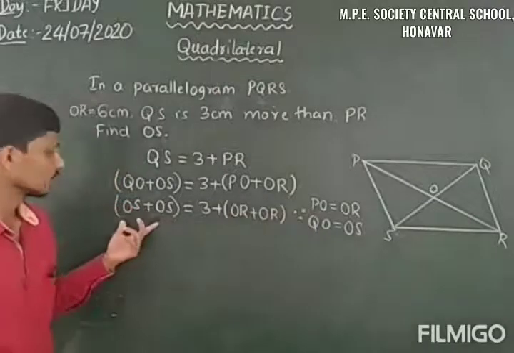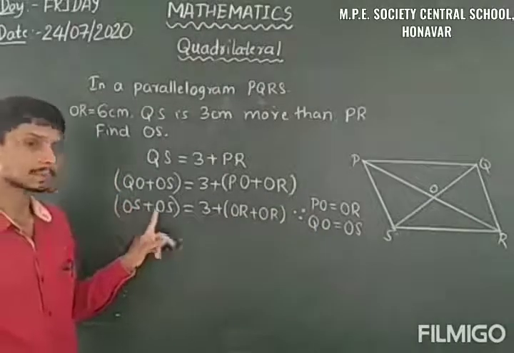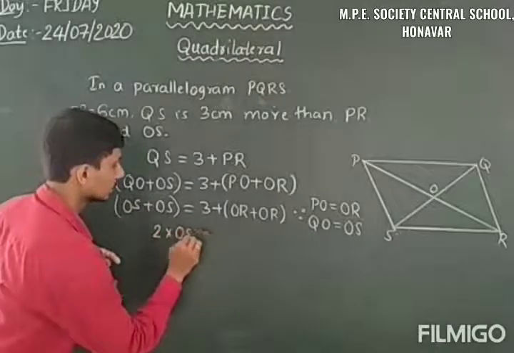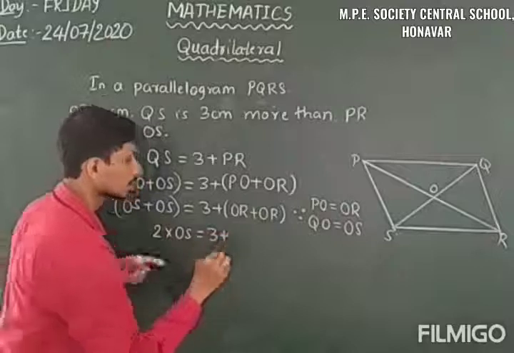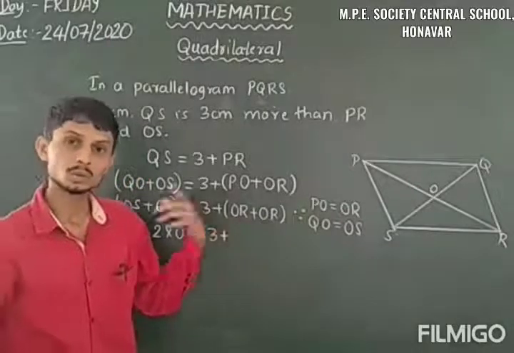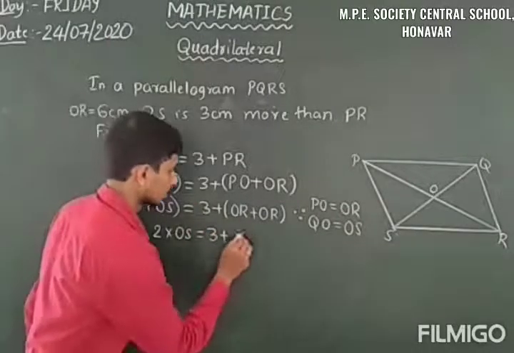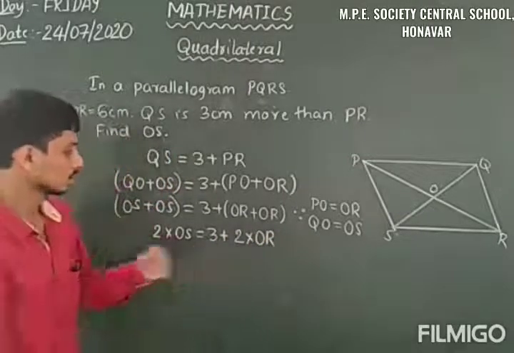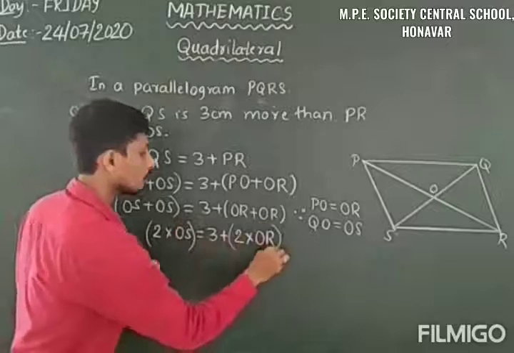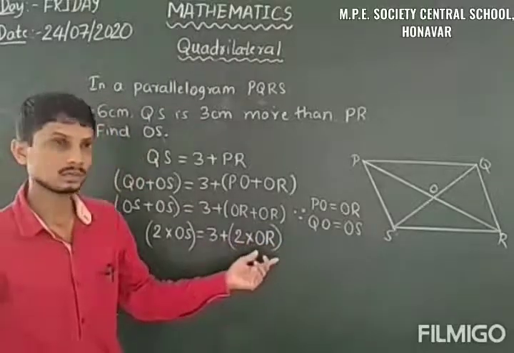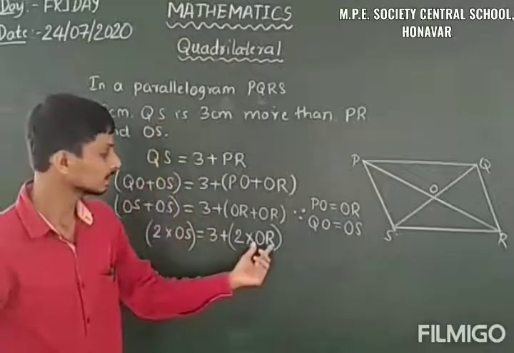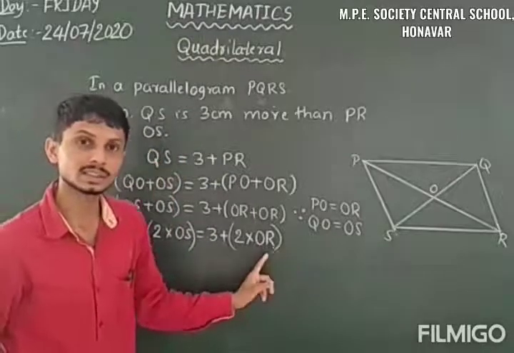Then OS plus OS is equal to 2 times OS. So 2 into OS is equal to 3 plus 2 into OR. We know the value of OR is equal to 6 centimeter, so insert the value of OR is equal to 6 here.